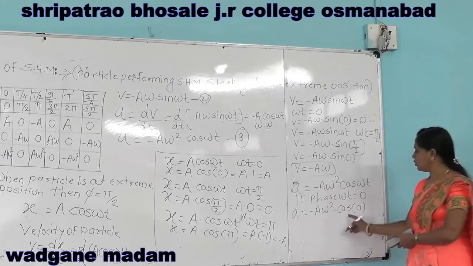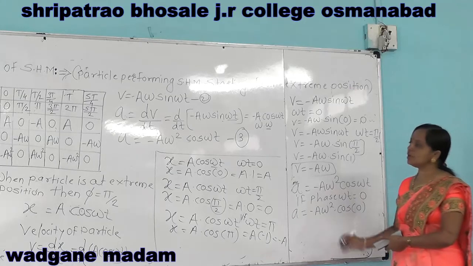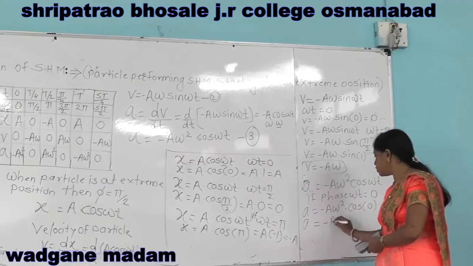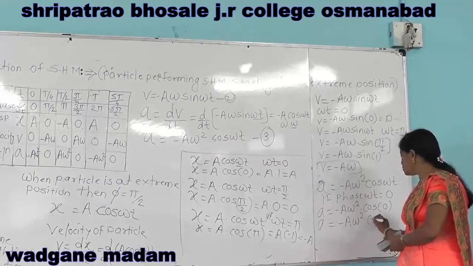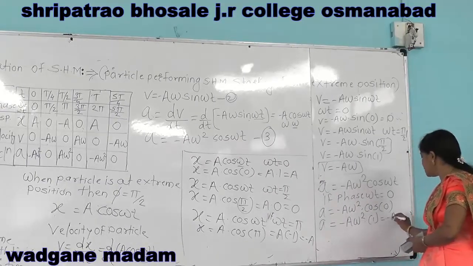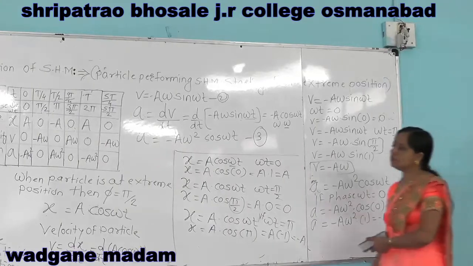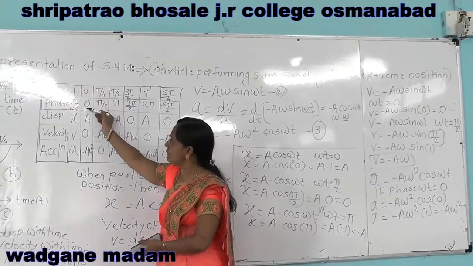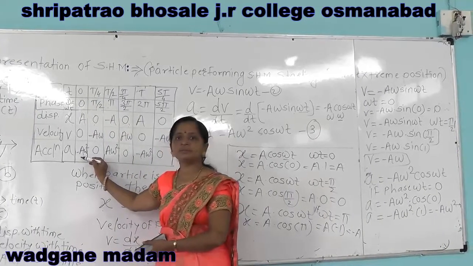Cos 0 is equal to 1. Therefore, at the time interval t is equal to 0, phase is 0, we get minus a omega square.